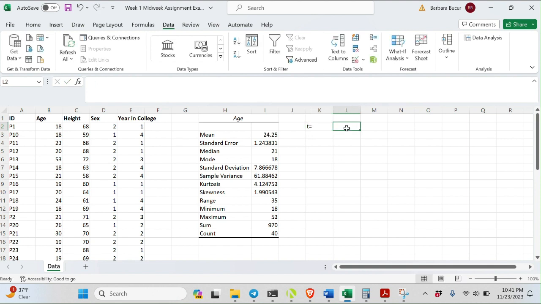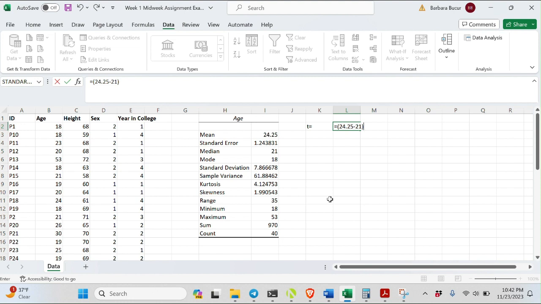And so all you need to type is equal, and then within parentheses, you're going to type whatever your mean is. And you can round to 2 decimal places. So my mean is 24.25. And then we want to compare it to the population mean of 21. So it's minus 21. All of that's within parentheses.